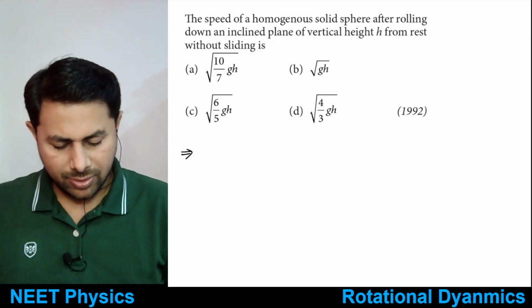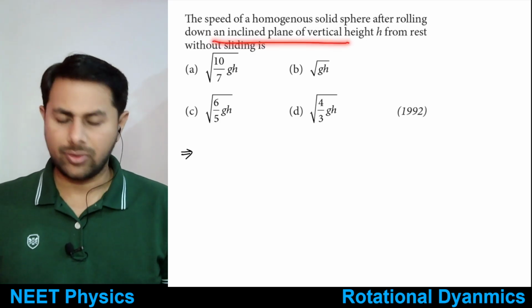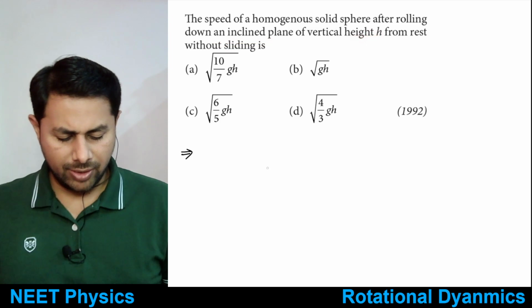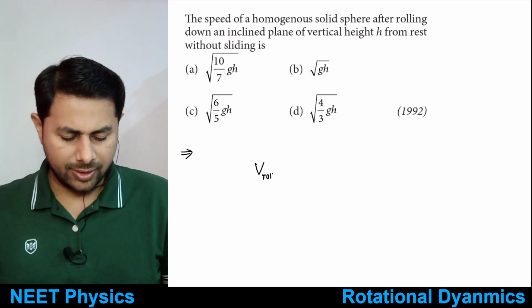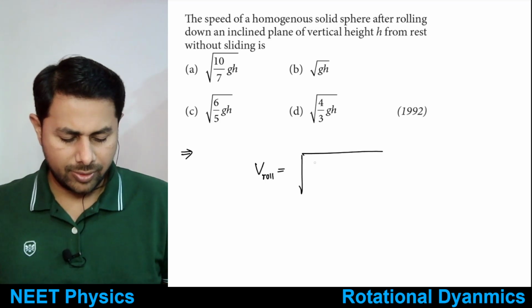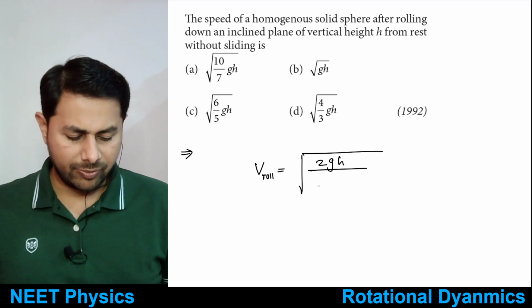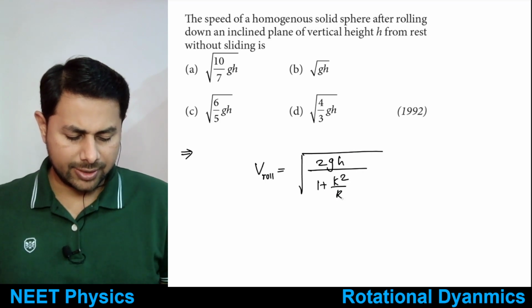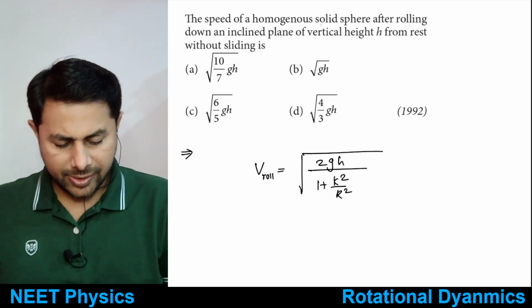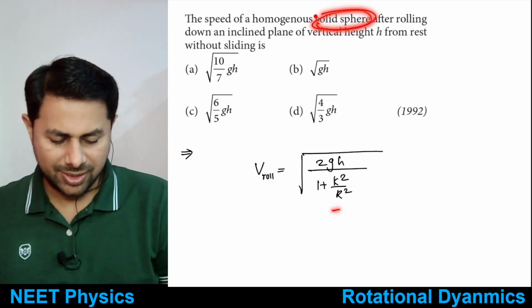It is rolling down an inclined plane from height h. We have the formula: velocity of rolling is square root of 2gh divided by the rolling factor, 1 plus k square upon r square. Write the formula first, then see what it is.